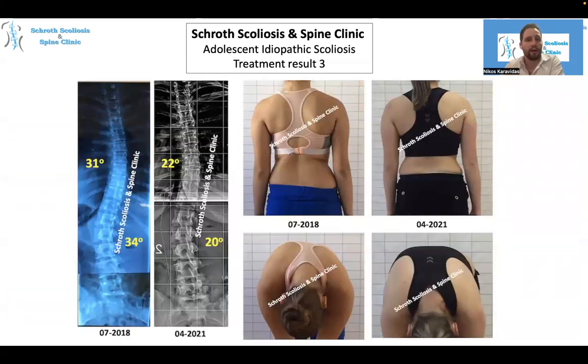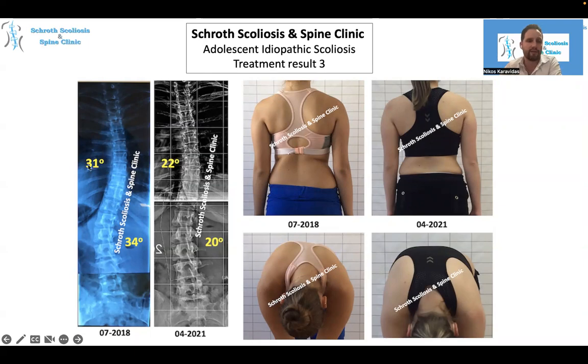Another patient, adolescent, but at the end of growth, with a curve of 31 degrees thoracic and 34 degrees lumbar scoliosis, with a pelvic imbalance and shoulder imbalance and trunk rotation. And you can see the result that we got in this patient almost 3 years after starting our treatment in the clinic.